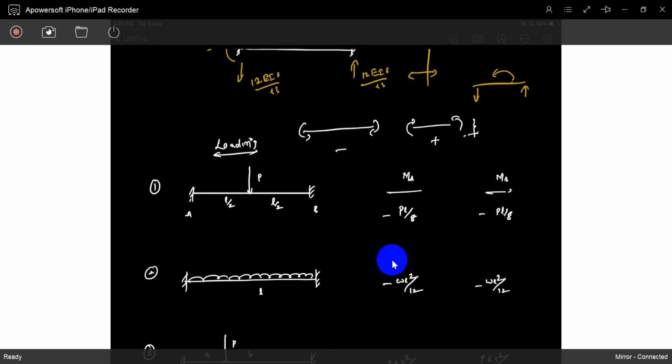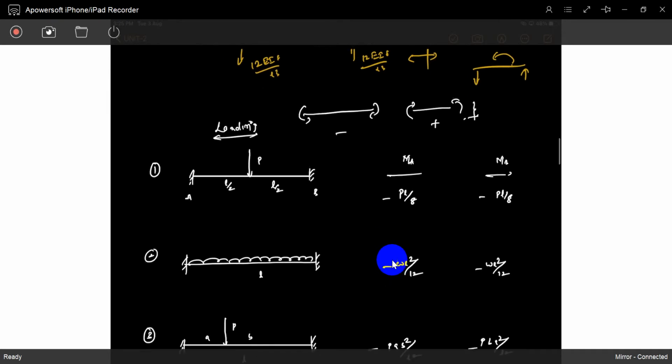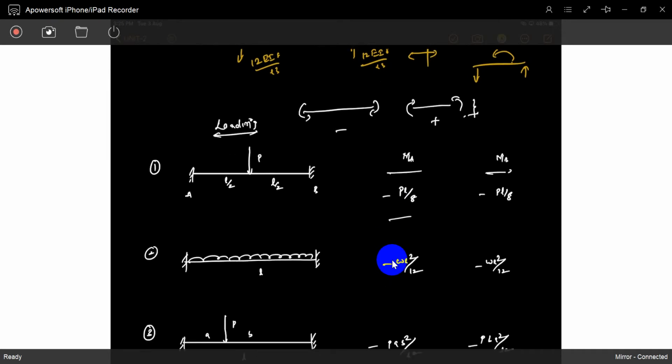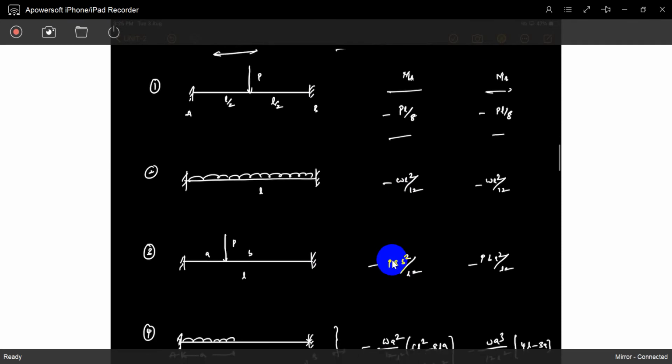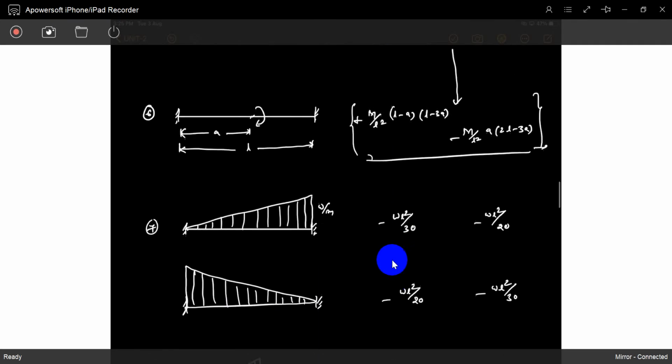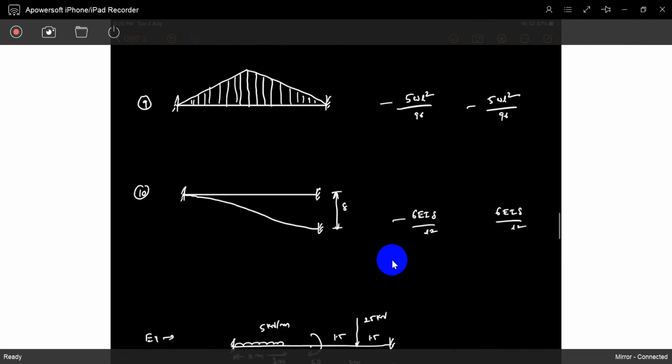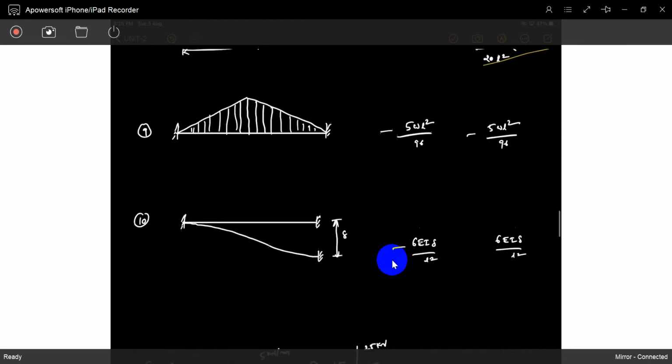Both ends are taken as fixed supports, not intermediate. Based on the loading, it experiences MA and MB. We already know these, so for different loading conditions, we write them down.